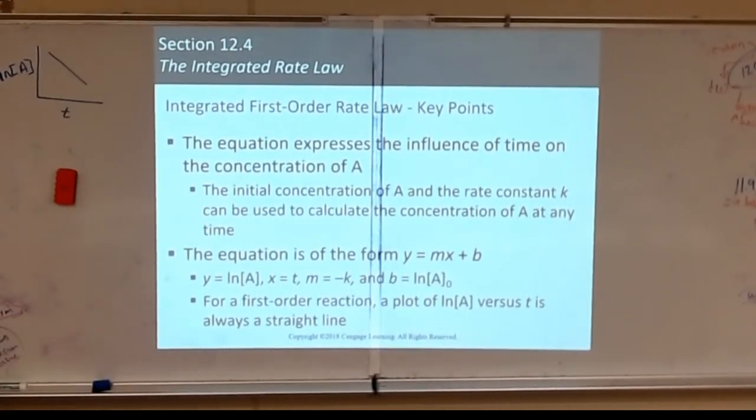Same thing. I don't know why they wrote it out with long words like that, but that's what that is. This allows us to get a nice y equals mx plus b line. For first order reactions, a plot of the natural log of the concentration versus t is a straight line.